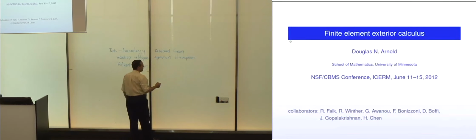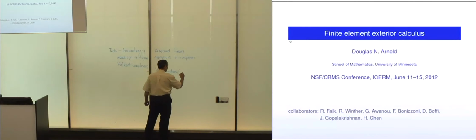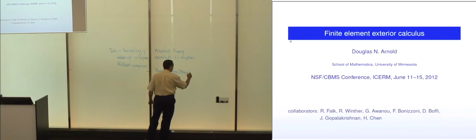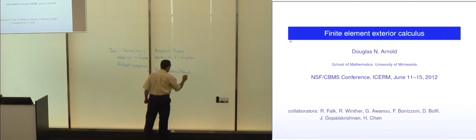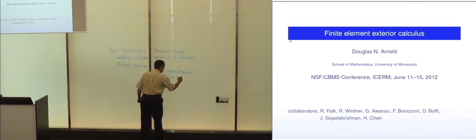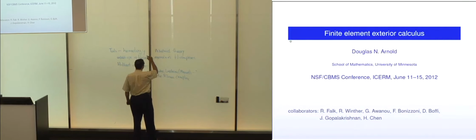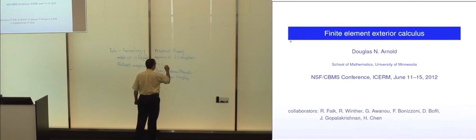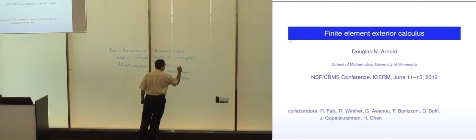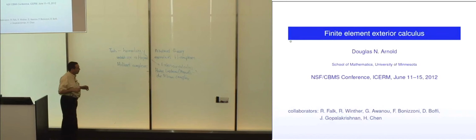And then key examples will be things like the Hodge-Laplacian, which includes things like Maxwell's equations and many other things. And the Hilbert complex will be a version of the de Rham complex. And all this will require another tool, which is exterior calculus, which maybe is more known in the analytical community, but again, not everybody knows it.